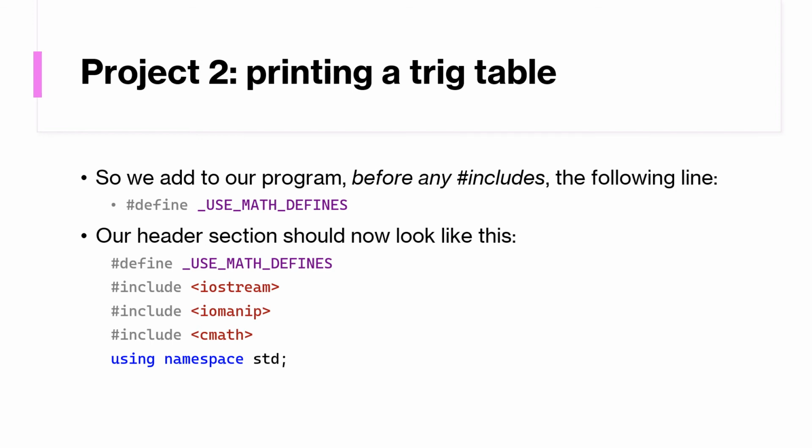Now, through experimentation, I've determined that this use math defines has to be the very first line of your code. It has to happen before any pound includes. So your header section, the very top of your code, should now look like this: pound define _USE_MATH_DEFINES, then pound include iostream, pound include iomanip, pound include cmath.